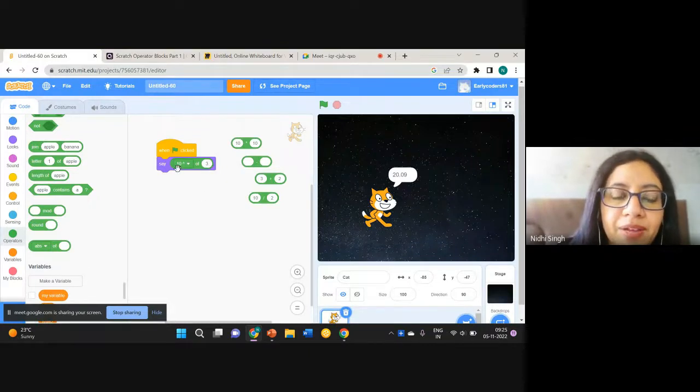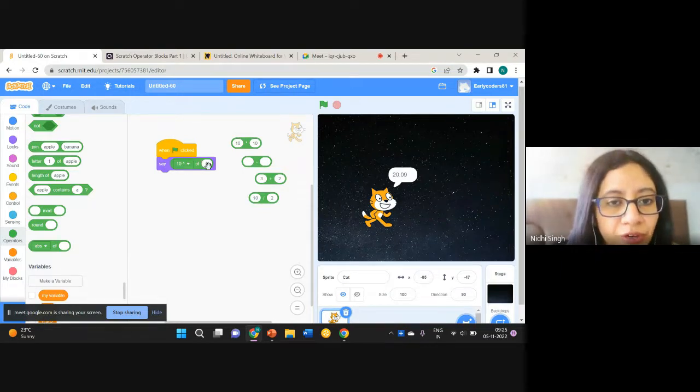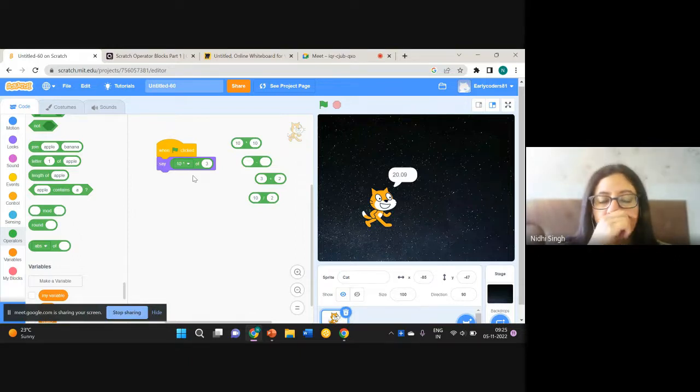Because our base number is 10. Either you take power as 2, 3, 4, what will happen? Zeros will be increasing. Yes, ma'am. 10 with power of 3 means what will be the value? What will be the answer of this function if we calculate? Ma'am, 1000. Okay. So 1000 will be there.